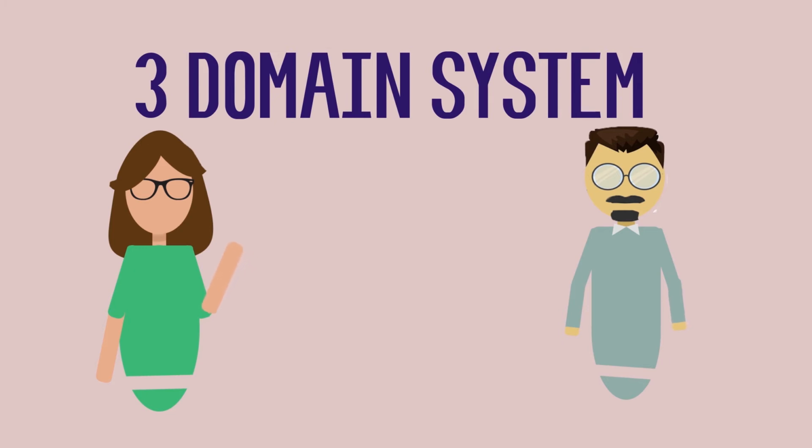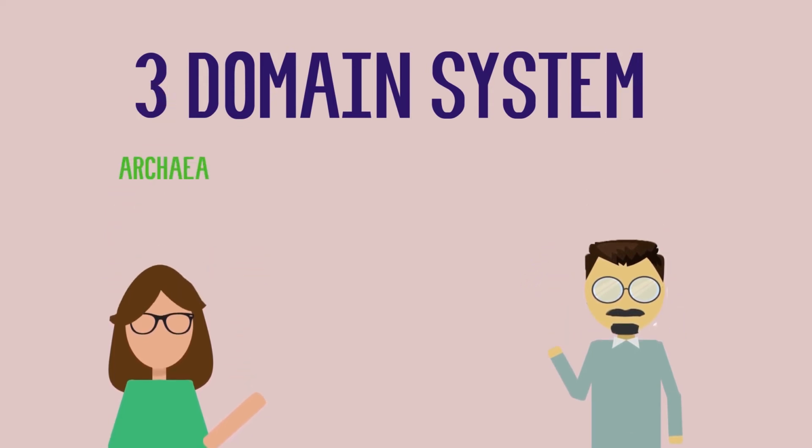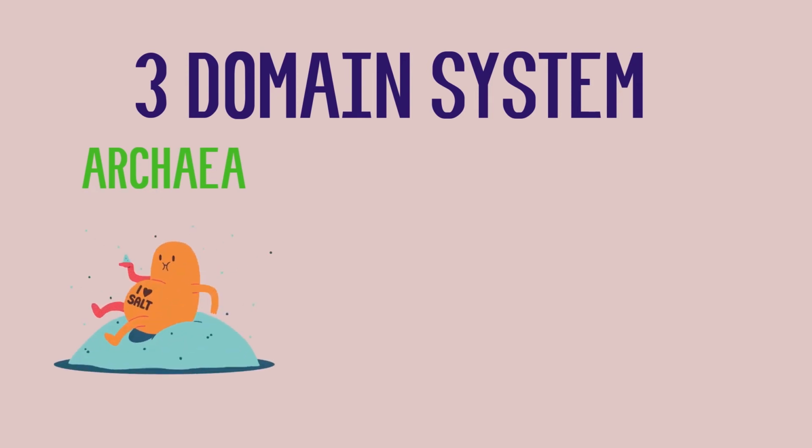How does this system divide organisms differently to the other two? Basically, we're looking at the complexity of organisms, so that we're looking at archaea, which are the primitive bacteria. We often find those in very extreme environments.